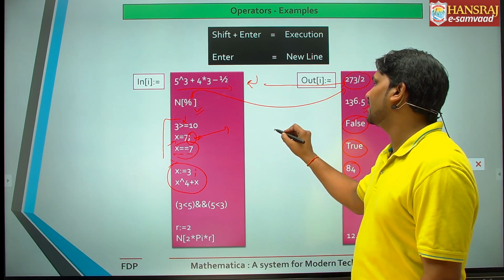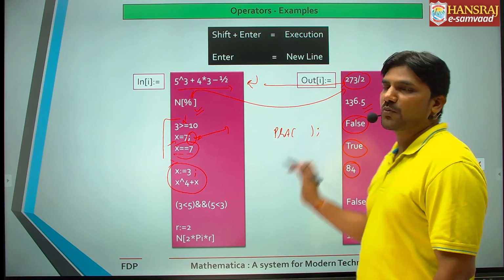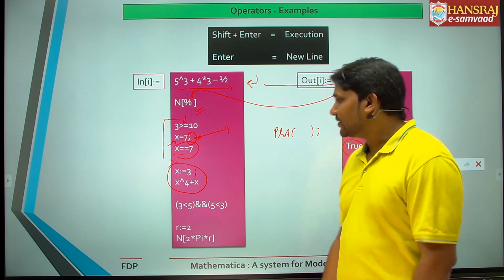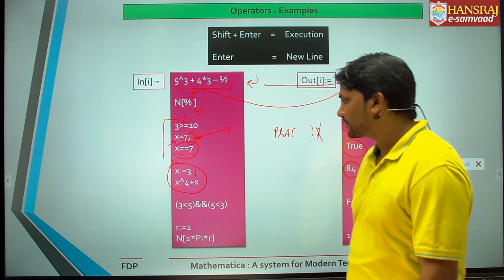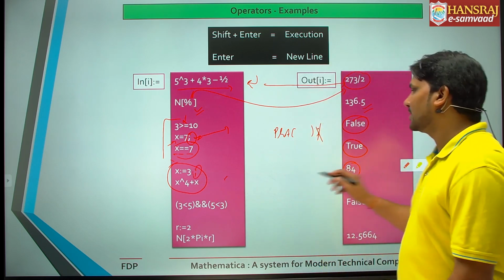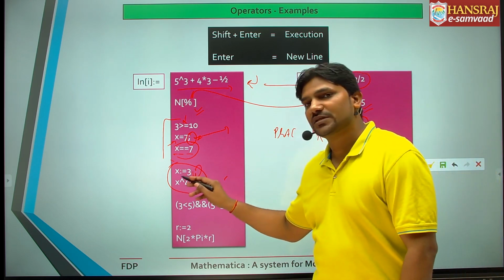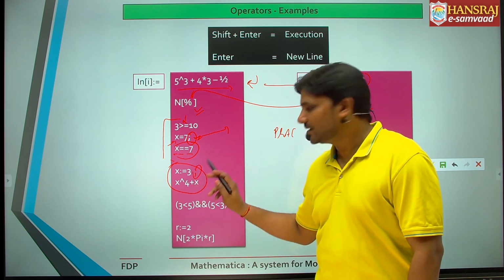So I will write, for example, Plot something and a semicolon is there, then the output will not appear in your editor. But if you remove this semicolon, the output will be there. So without a semicolon also there is no output. That means execution is not working here because we are using the SetDelayed operator.